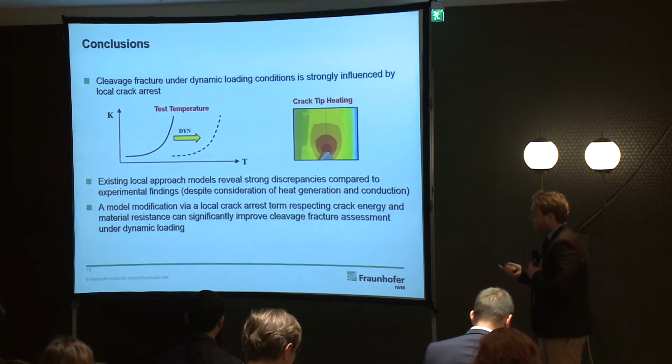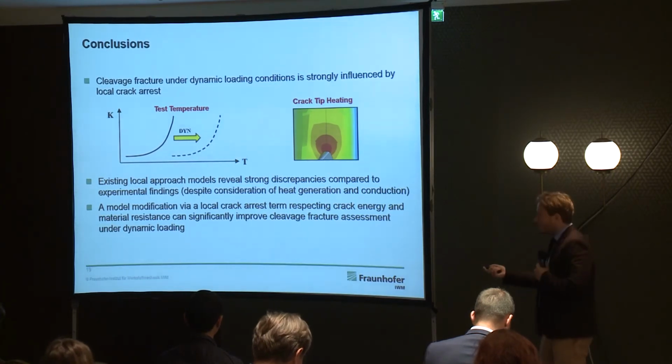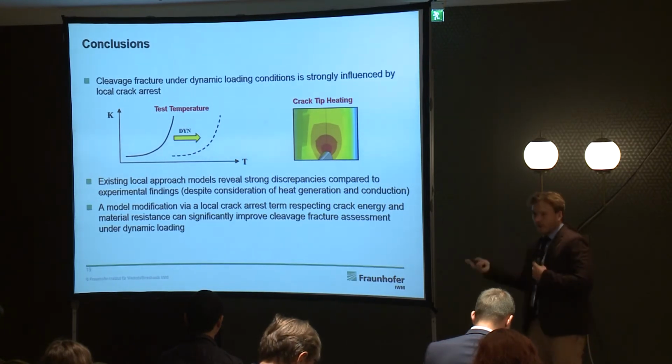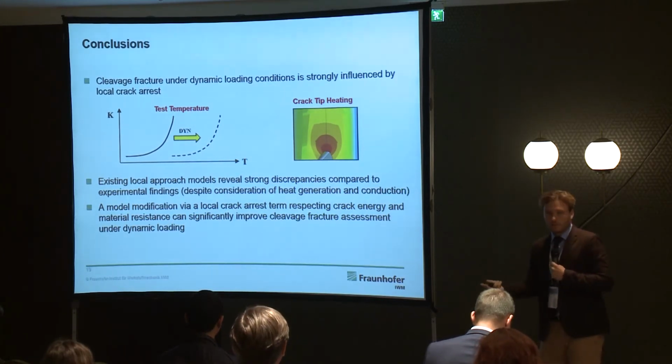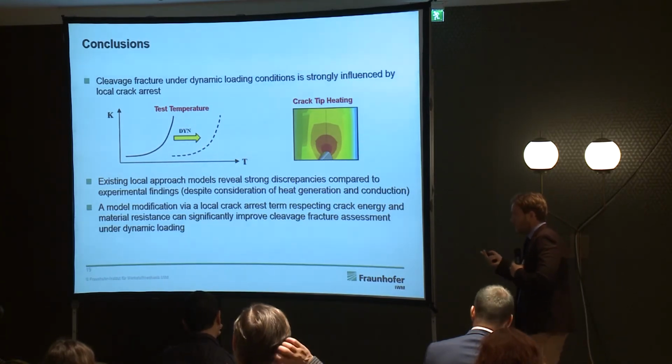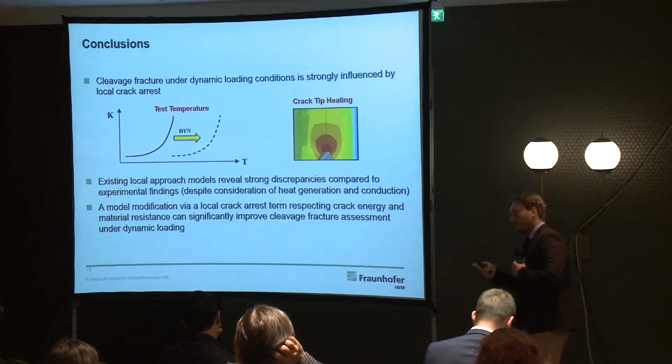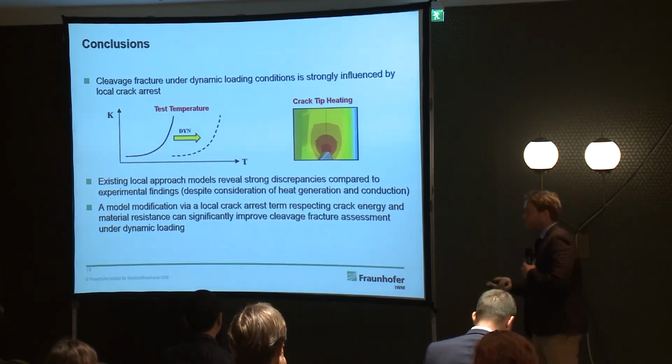First off, if we have fracture toughness over temperature here, we can see that if we apply dynamic load, the fracture toughness curve is shifted towards higher temperatures, and once a cleavage crack is initiated, it doesn't care. It only cares about what actual temperature there is now. So because we are shifted towards higher temperatures, the ductile to brittle transition region, then local crack arrest is promoted here.